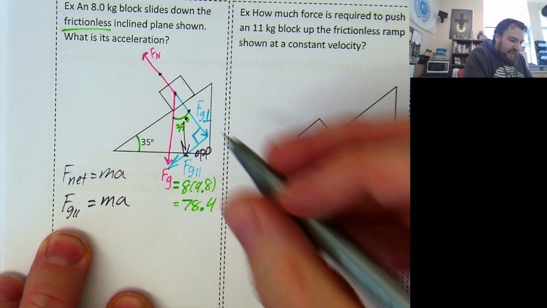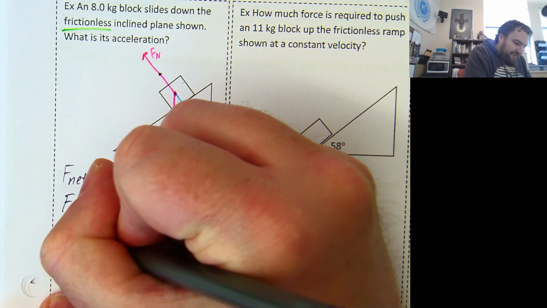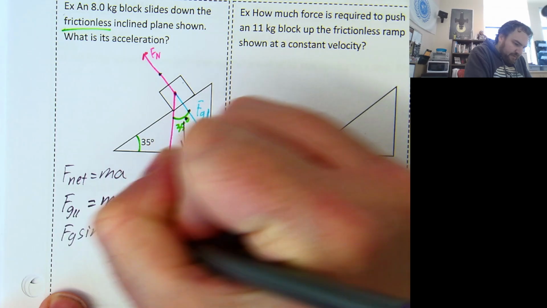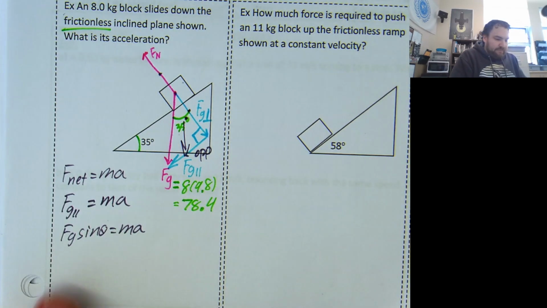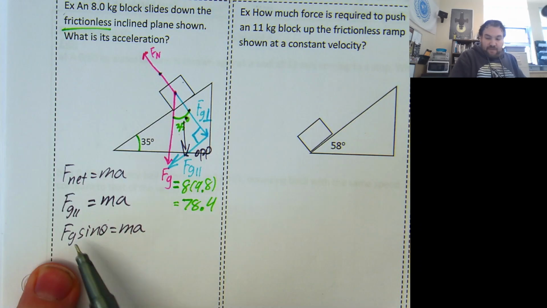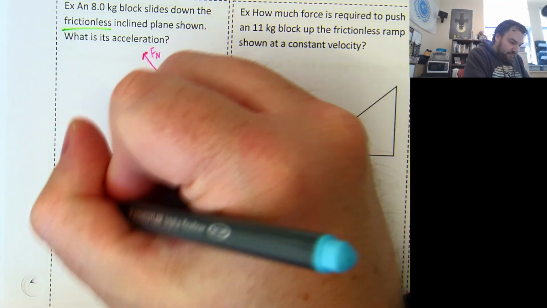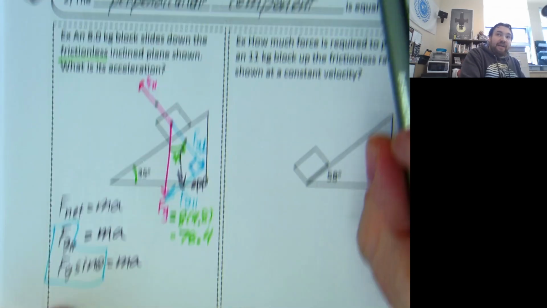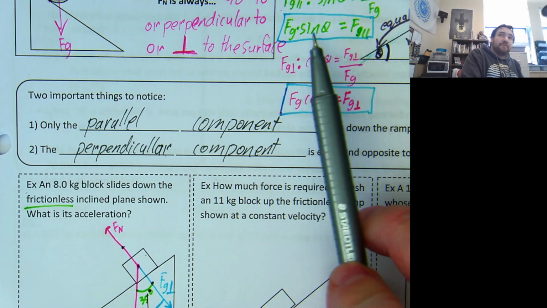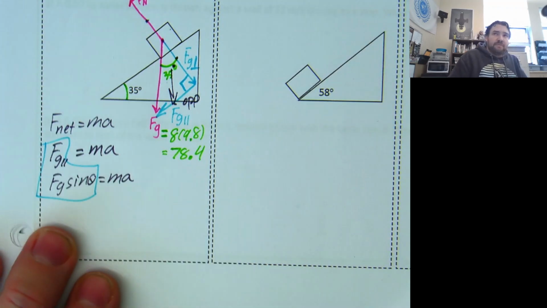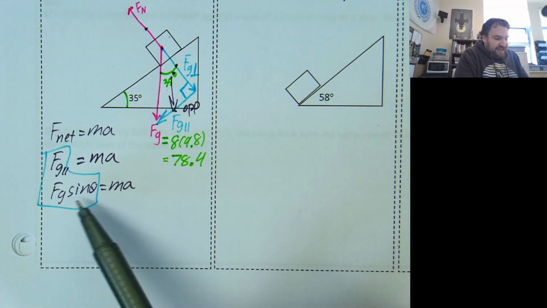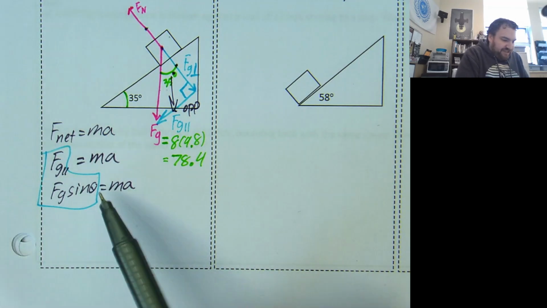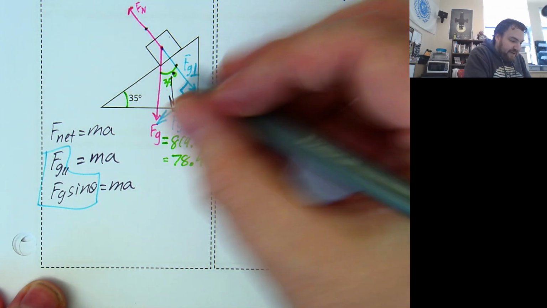So Fg parallel, I can swap out for Fg sine theta equals ma. This is the expression that we came up with up here for Fg parallel. Fg parallel is Fg sine theta, so we replaced it. Fg sine theta equals ma, so now I can start to plug in values.